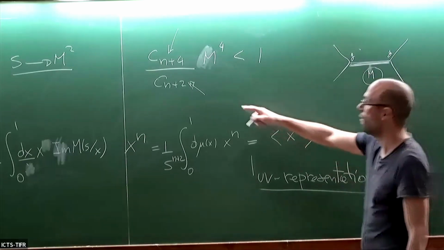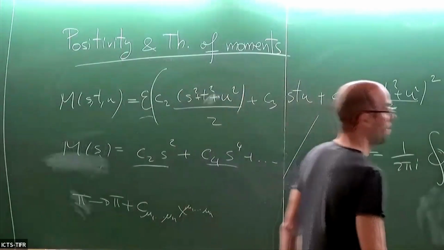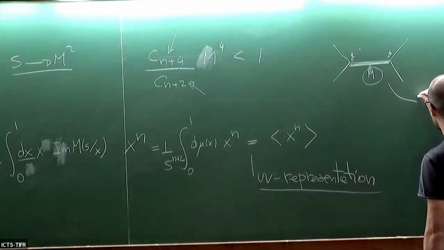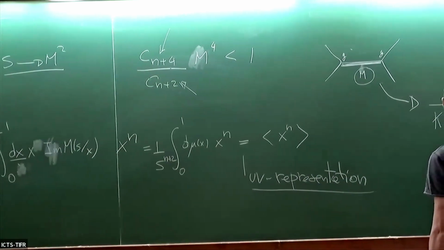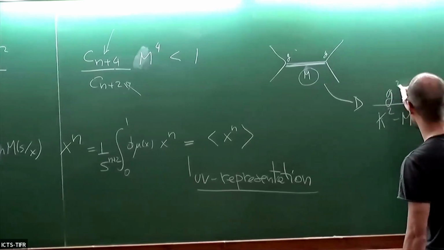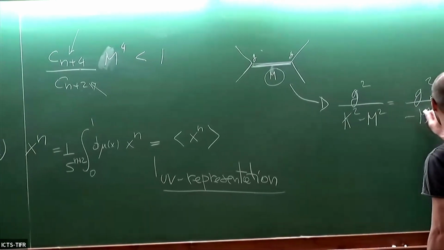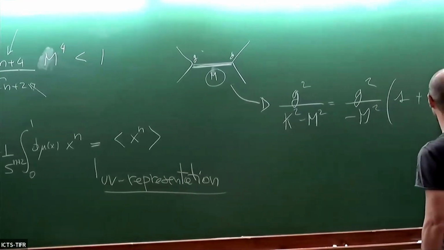The ratio of two consecutive coefficients is not controlled by the coupling. The couplings are overall. The ratio is controlled by expanding this propagator. You have k squared minus m squared, times g squared. So if you expand this, you get the leading term, then the next-to-leading term.